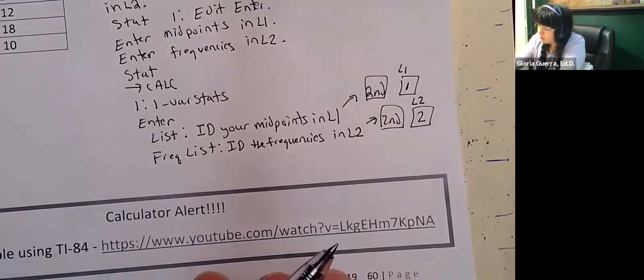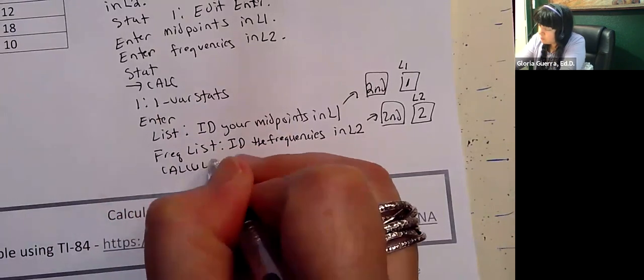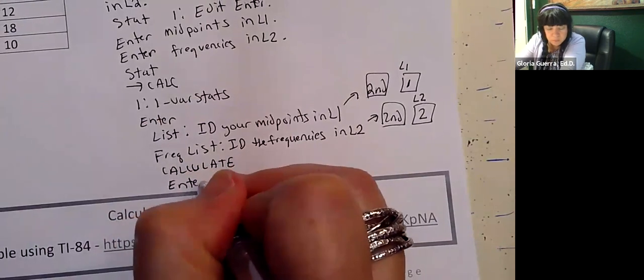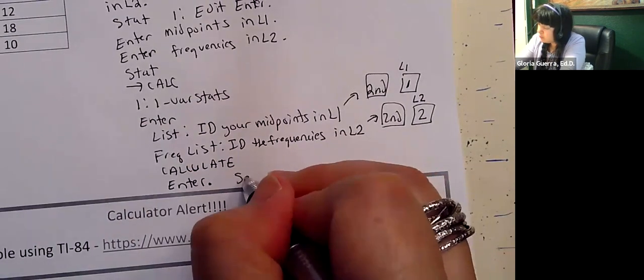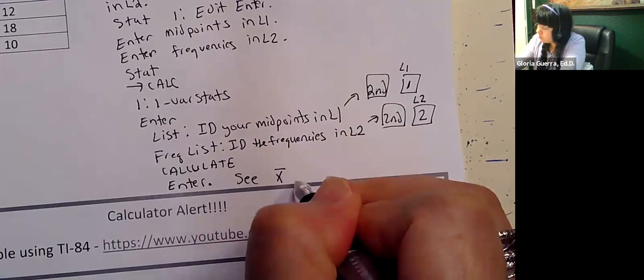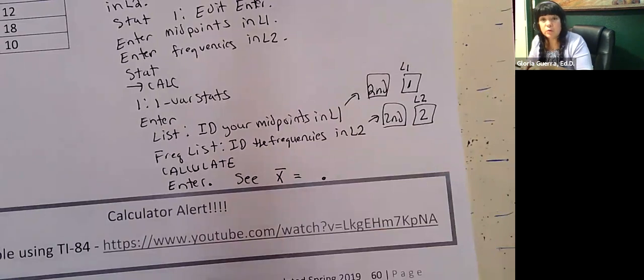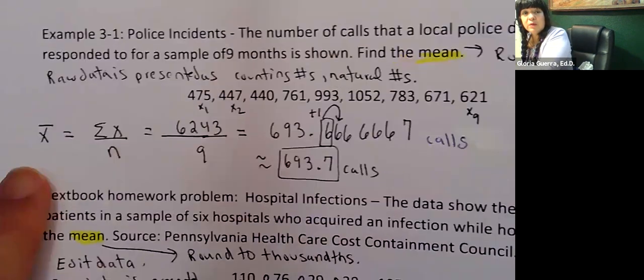But then after that, you go to calculate, and then you enter, and you want to see X bar. Okay, so it's the same symbol whether you're doing the problems that we did on page 59, where you had data and you're trying to find the mean.